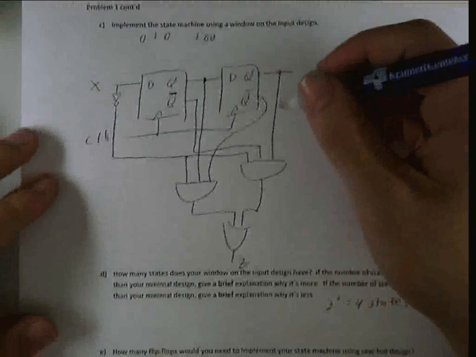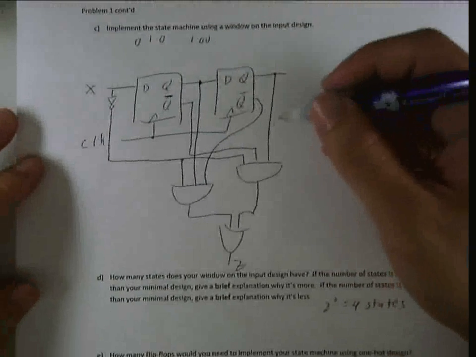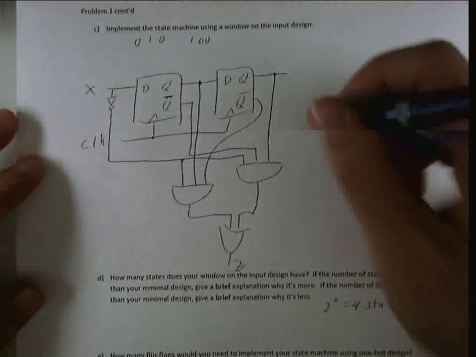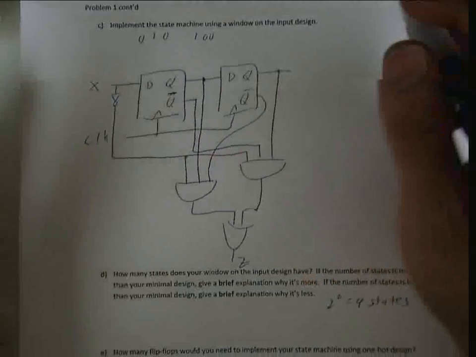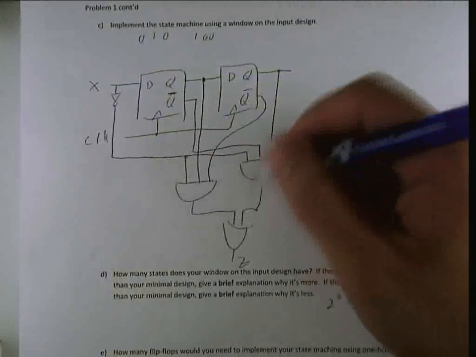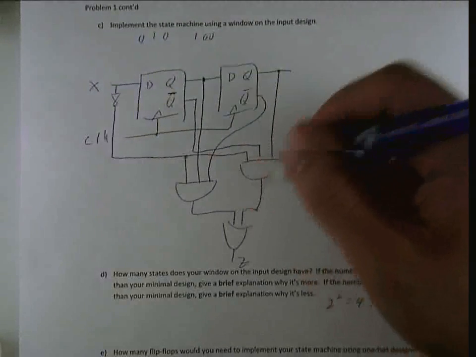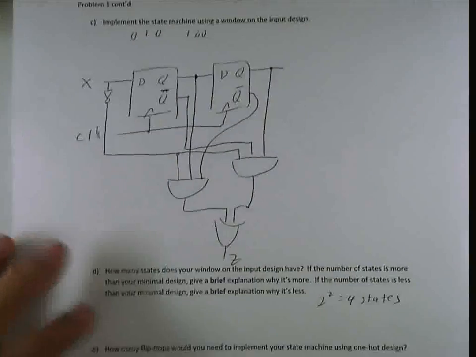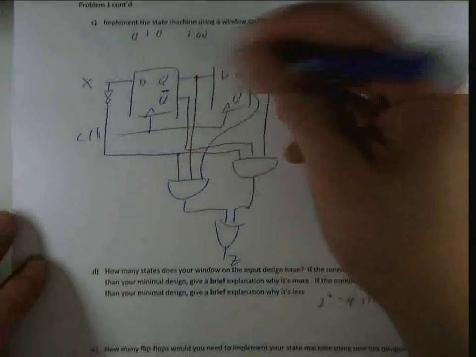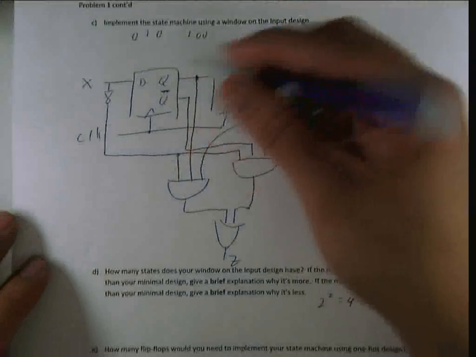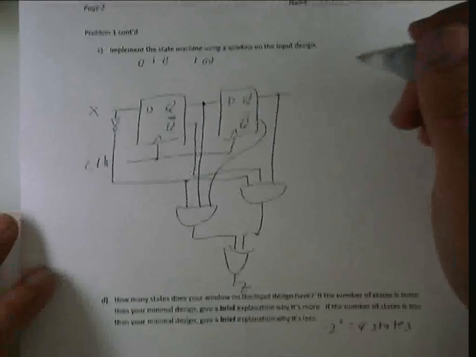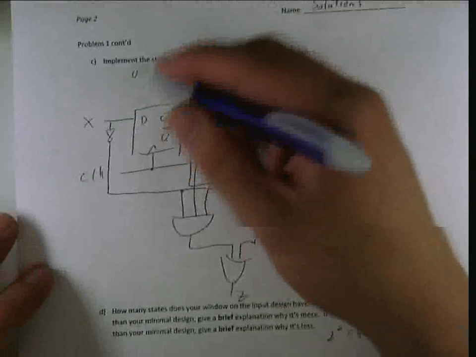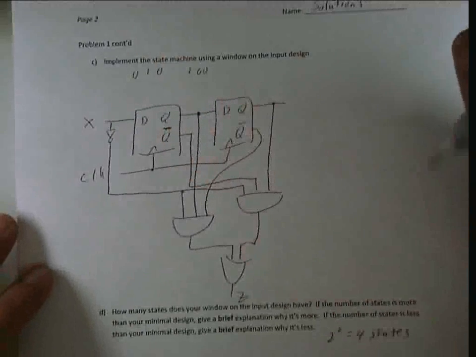With the window in the input design, I don't have this clean slate state. I'm starting with 2 flip-flops that already have potentially values in them, and they're going to output 0 regardless, and as soon as this first 1 comes through, it's going to work. And so, we're working with the assumption that somehow we're going to get lucky that the first 2 actual input bits that are going to get stored in here are not somehow going to make us get a false positive on our sequence.